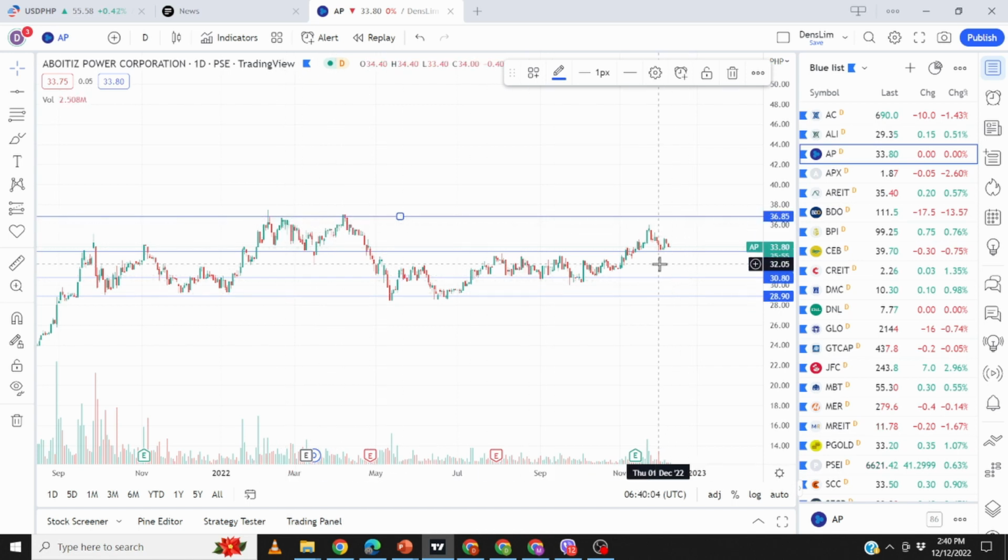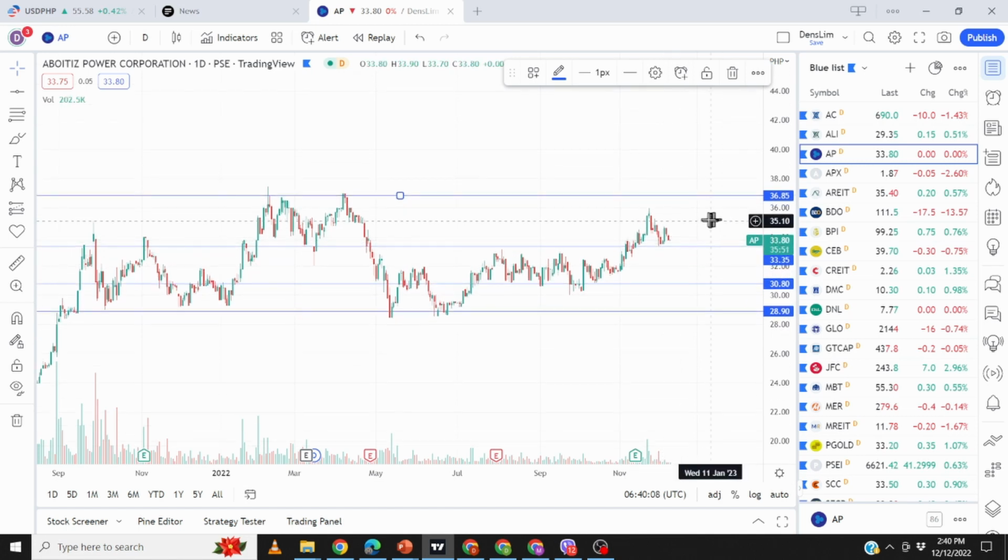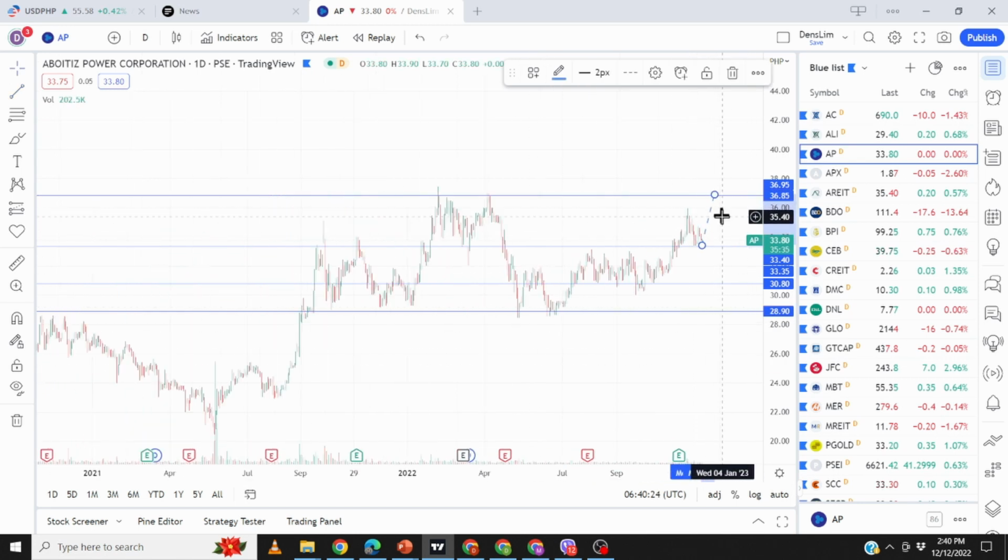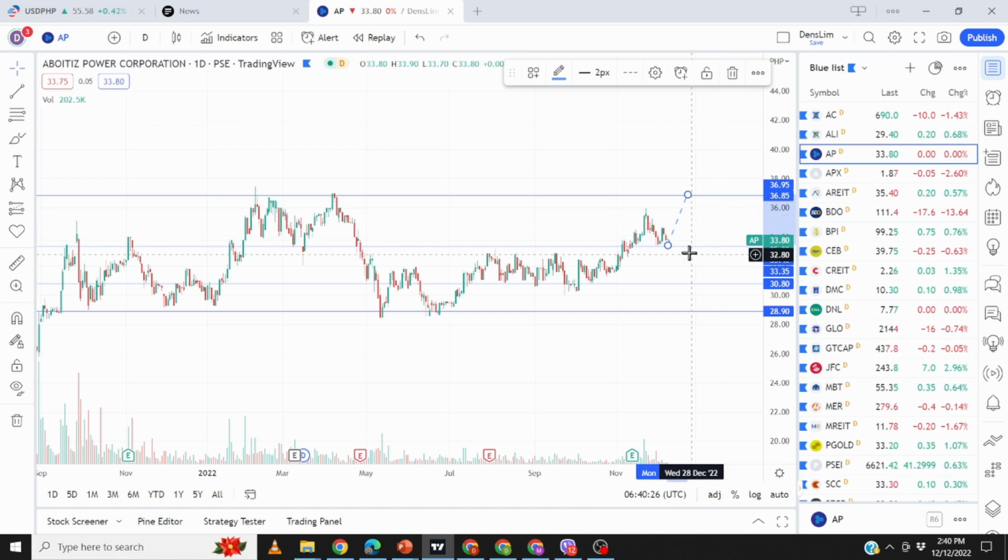So what is the most likely price action for Aboitiz Power? So it broke resistance, it's testing support, right? Now, it can test support. If it bounces, the next level is 36.95, right? And if it goes down here, is it time to buy or is it time to sell?